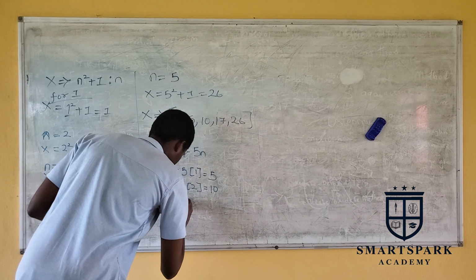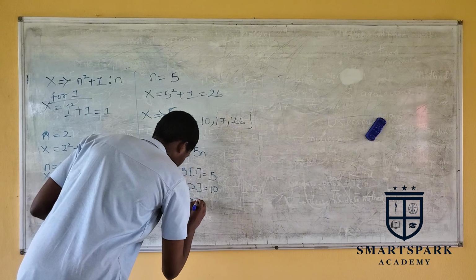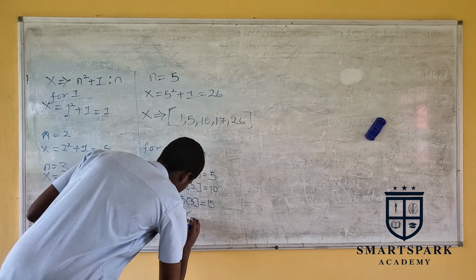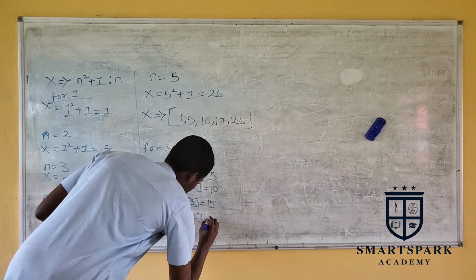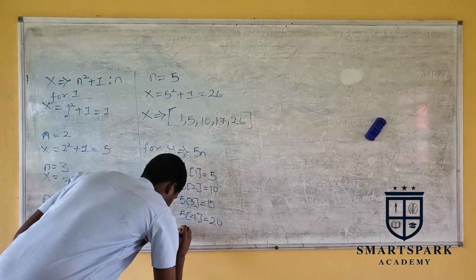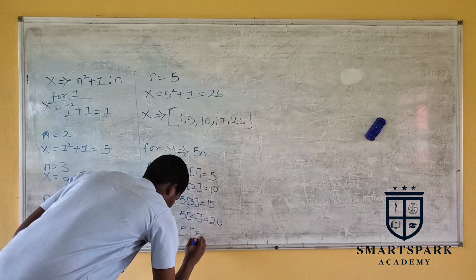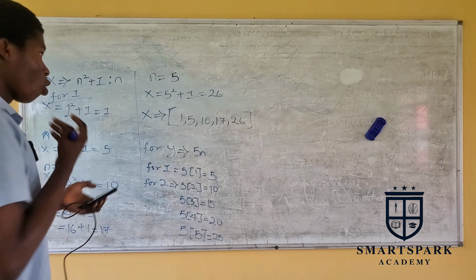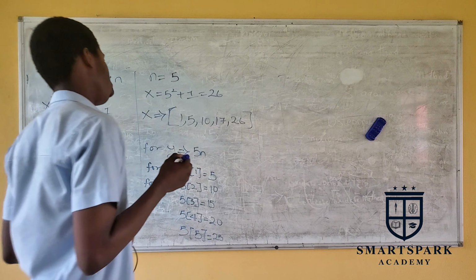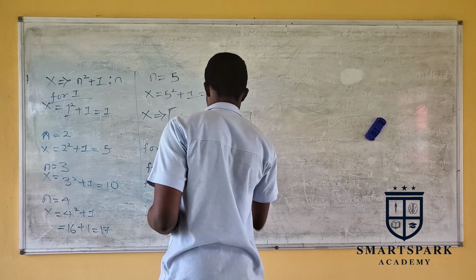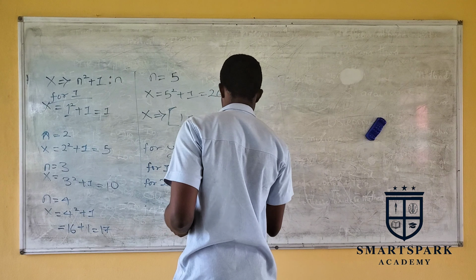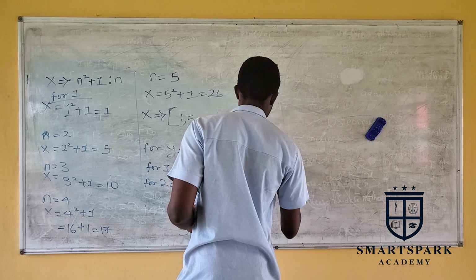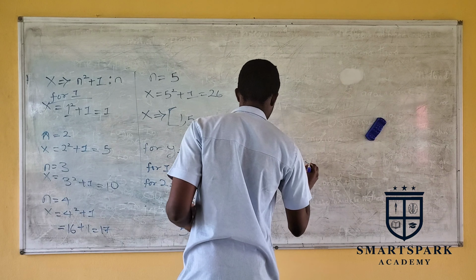The same thing goes for 3, 15, for 4, 20, for 5, 25. So now that we have all our values for y, we write them out. Y is equal to 5, 10, 15, 20, 25.